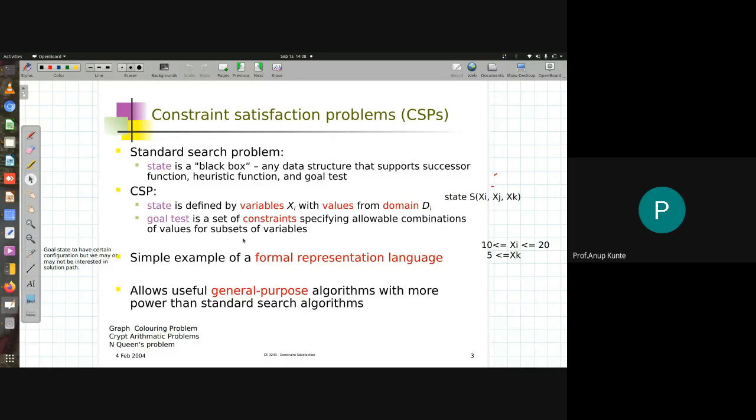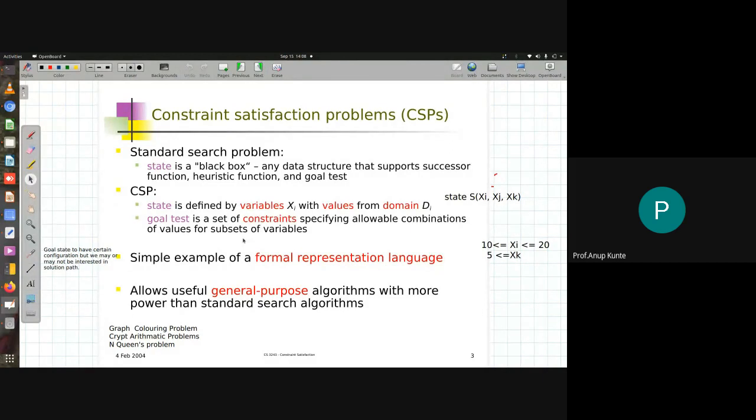That's the reason the representation of a CSP is also a bit different from a state space search problem. The slides are calling it standard, but it is a state space search problem.